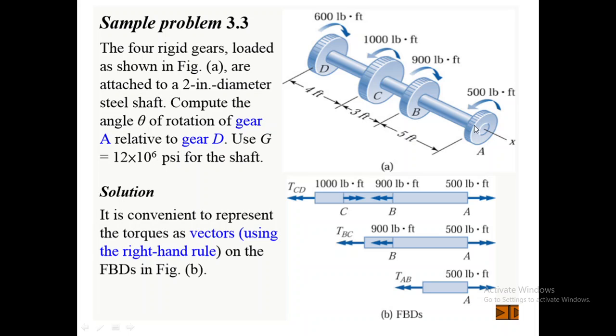So A and B is one portion of the shaft, AB, B and C is the second portion, and C and D is the third. So the angle of twist for portion AB we have to calculate, the angle of twist for BC we have to calculate, and the angle of twist for CD we have to calculate. If we add the angles of twist for the 3 shafts, that will be the angle of twist at D.